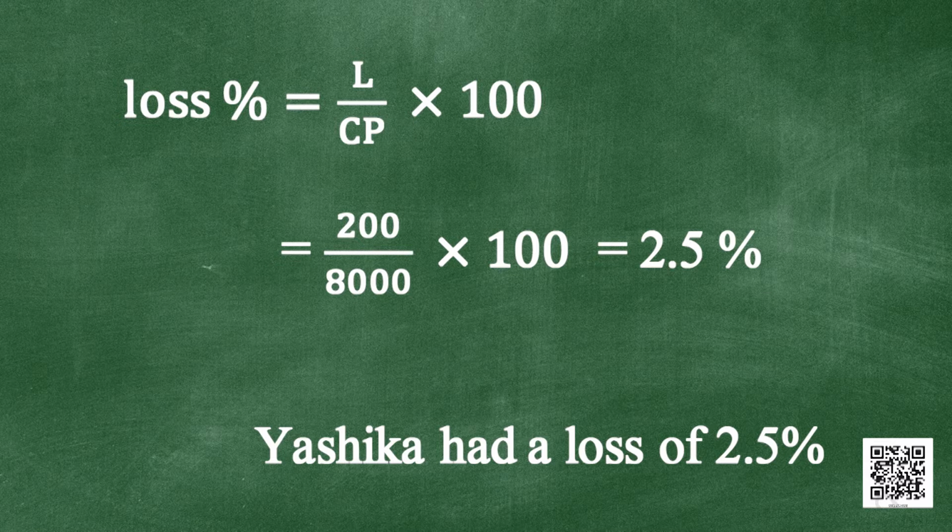On simplification, we get this as 2.5%. Students, therefore, Yashika had a loss of 2.5%. So now let us try to take up another problem.